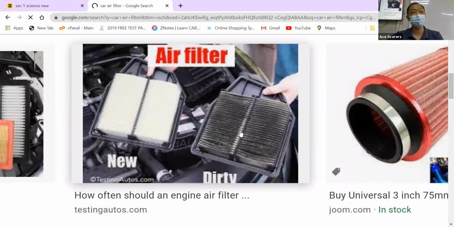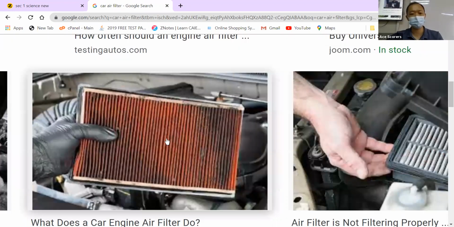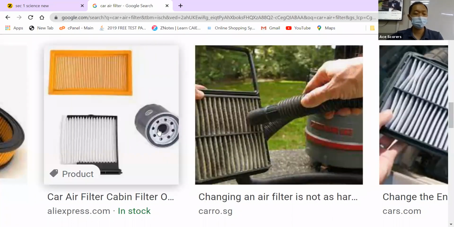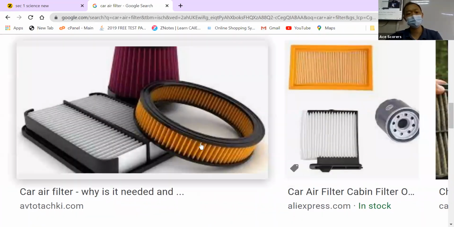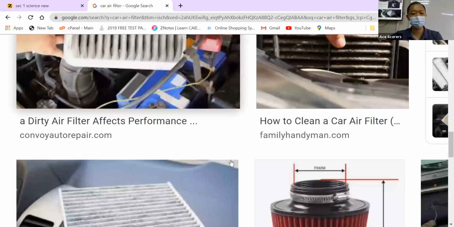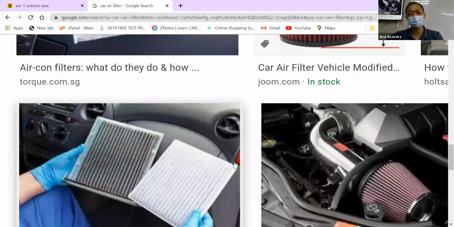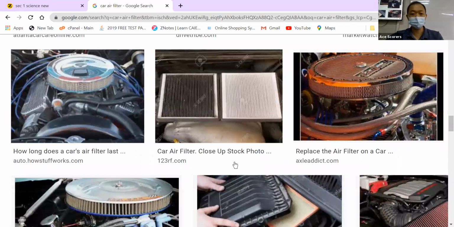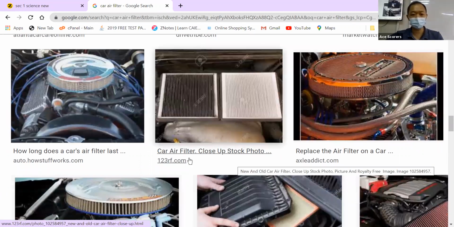If you don't replace, this is a clean one, this is the old one. Okay, all this filter must be removed, clean the filter. This is the car oil filter. This is the air filter. The engine also needs a filter. A lot of things need a filter. Especially for the aircon. If not, it will be too dusty within the car.